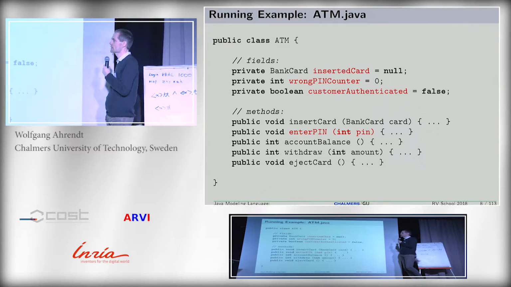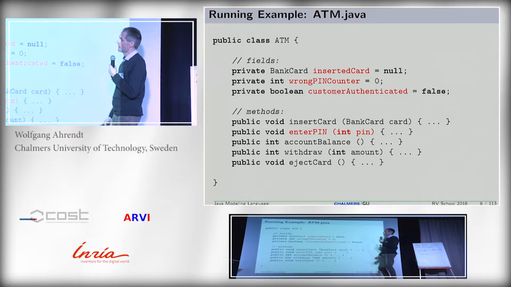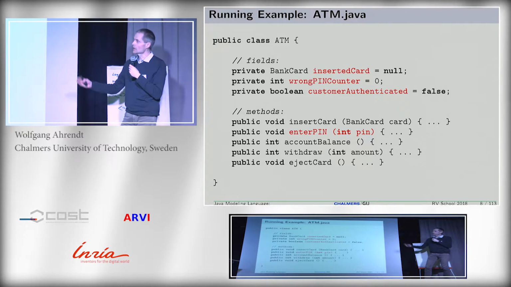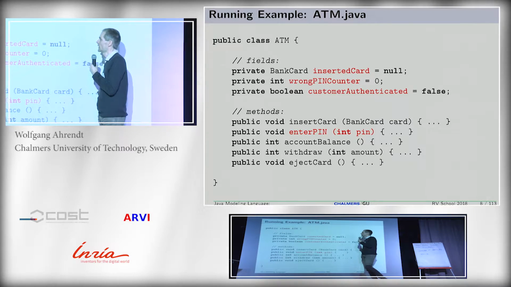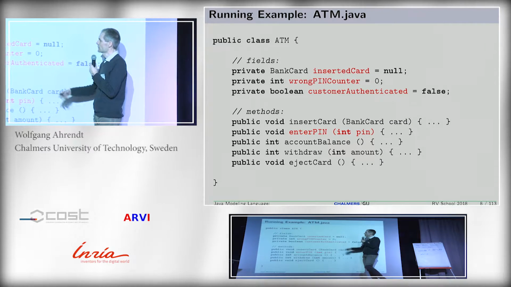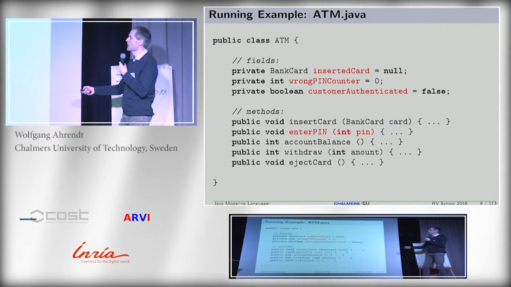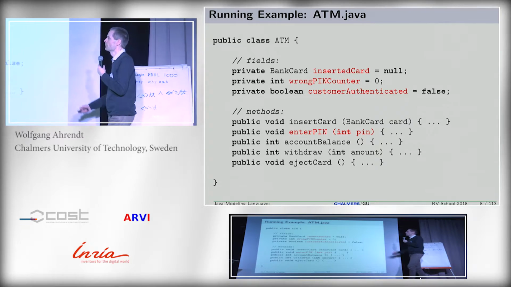Okay, here's the first, now this is not yet JML, but this is a running example I used in the first bit of my lecture. This is Java code. We have a class, a teller machine. This is where you get money from a machine. We have fields: inserted card, wrong pin counter, customer authenticated.